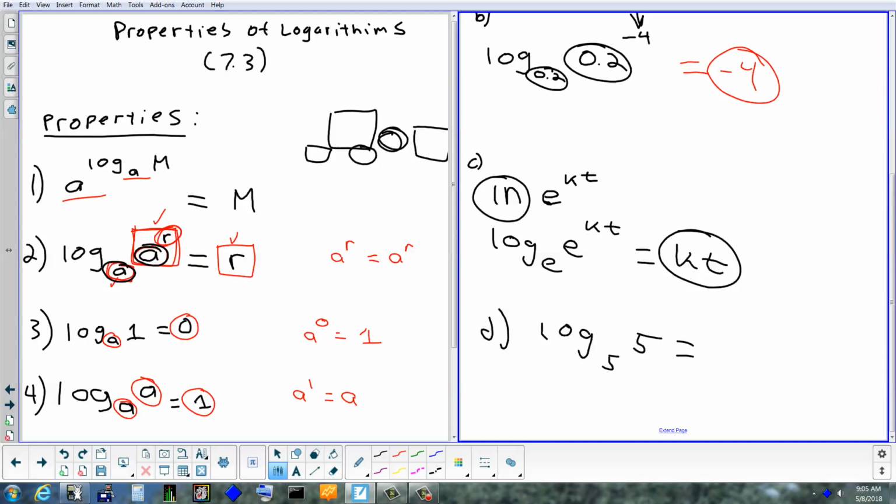What would be the answer to that, Tanner? 1. 5 to the first power is 5. I didn't do an example of rule 3, but any questions on how that one would be? Not too much you really have to do with that. You just look for a special pattern.